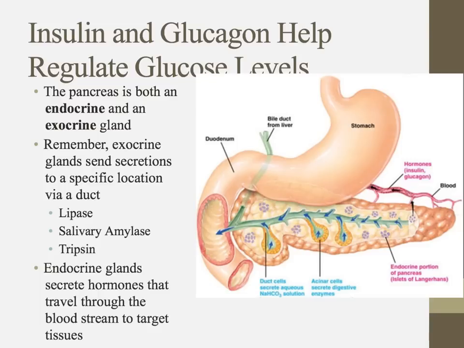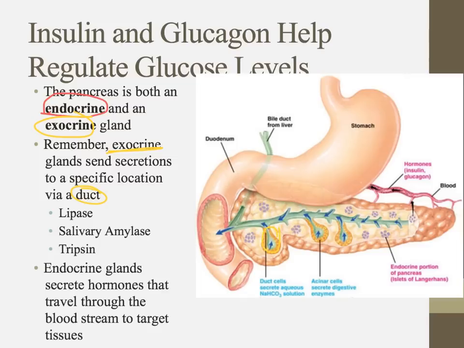Okay, now let's go back and talk about the pancreas. This is some interesting stuff here because the pancreas is both an endocrine gland and an exocrine gland. When we say exocrine, it's secreting a specific secretion through a duct to a very specific location. So it helps a lot in digestion that way.